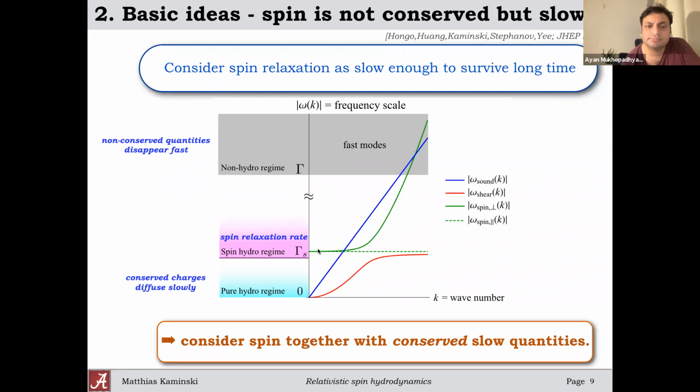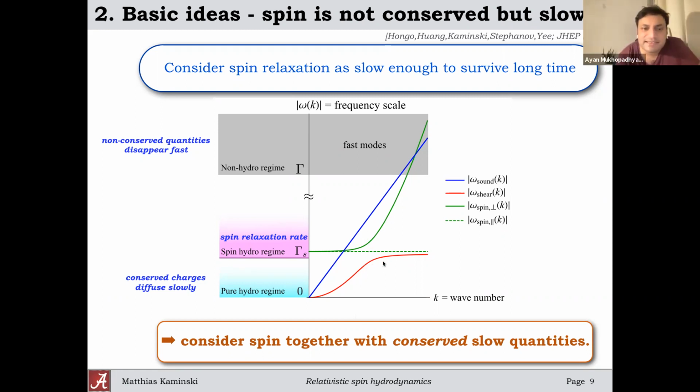There's the spin mode, that's the green mode, and then here's the sound mode. So the spin mode becomes slower at this wave number than the sound mode, and in principle that can also happen with the shear mode. At the moment I don't see anything that would prevent that, but maybe you have something in mind.